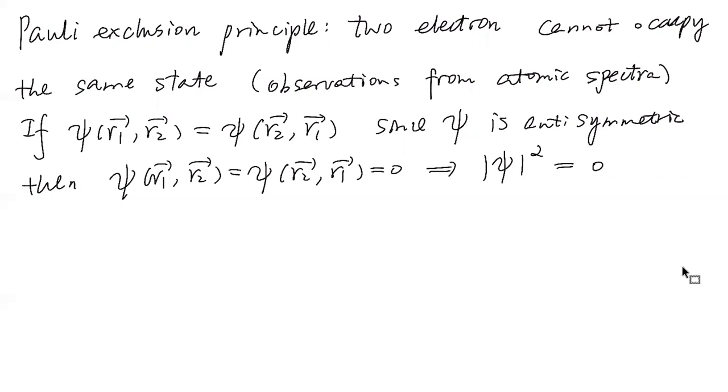Okay? But if you have bosons, you can actually have more than one particle occupy exactly the same state. And that's also experimentally observable. For instance, in order to generate a laser, you have to accumulate multiple bosons on the same state.